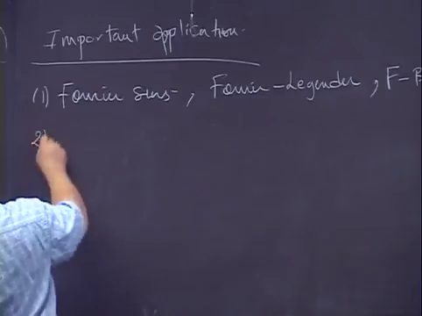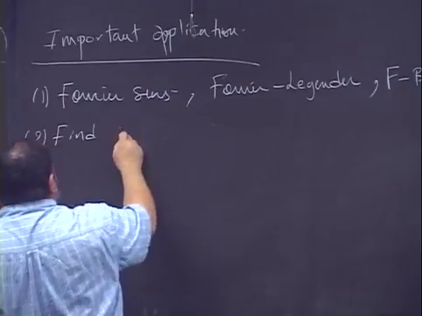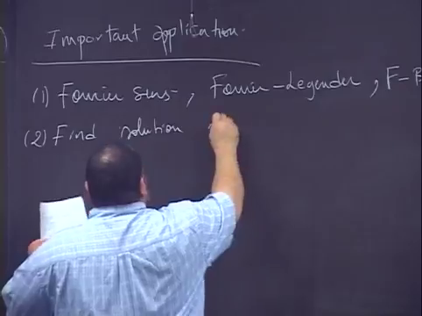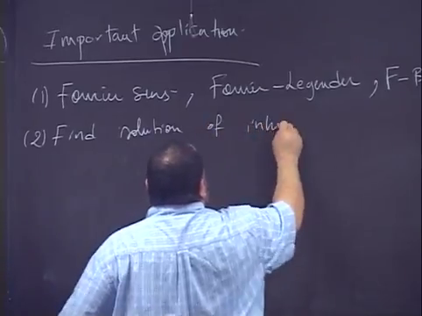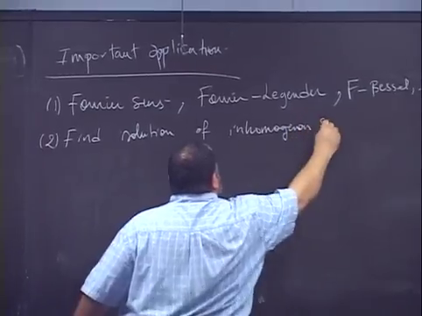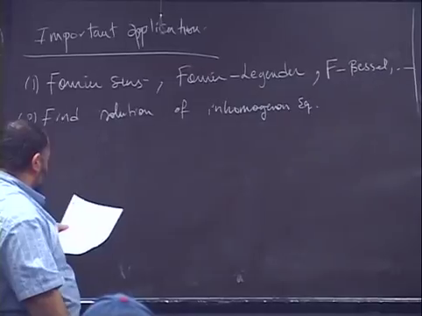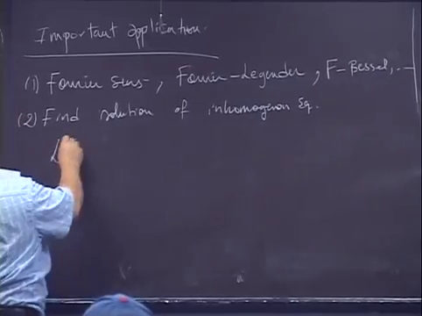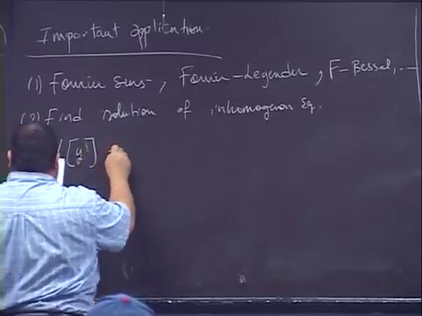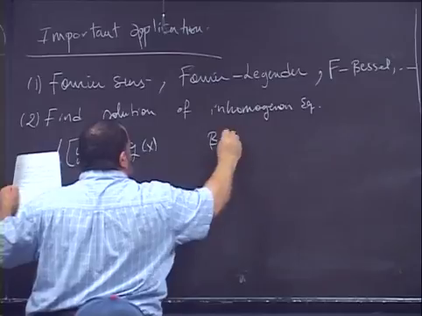You can use it to find the solution of the inhomogeneous equation. For example, inhomogeneous second order differential equation, L applied over y equal to g of x, and again you will need some boundary conditions.